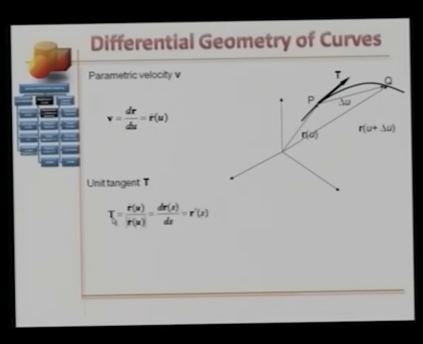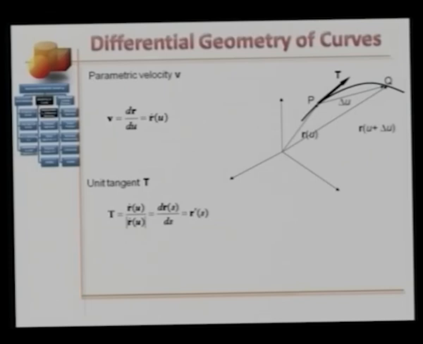So capital T bold is given by r dot of u over the absolute value of this, which is equal to dr over ds. Now the first derivative of r with respect to s is represented by r prime of s. S, as we have seen before, is the arc length parameter or the natural parameter.